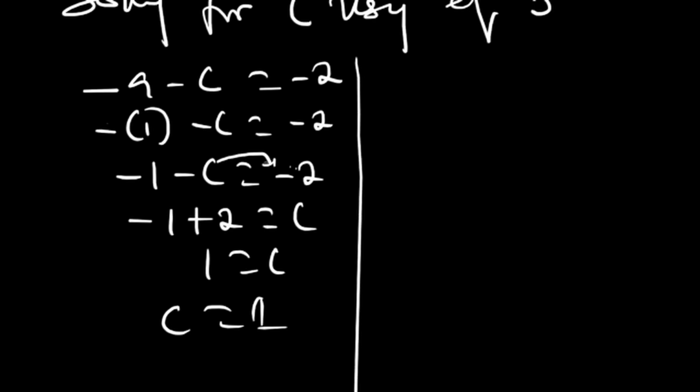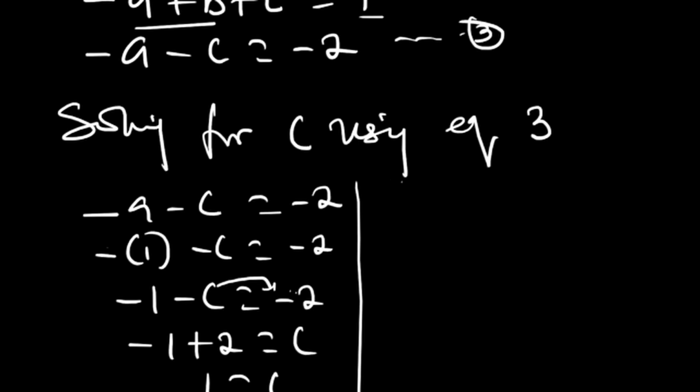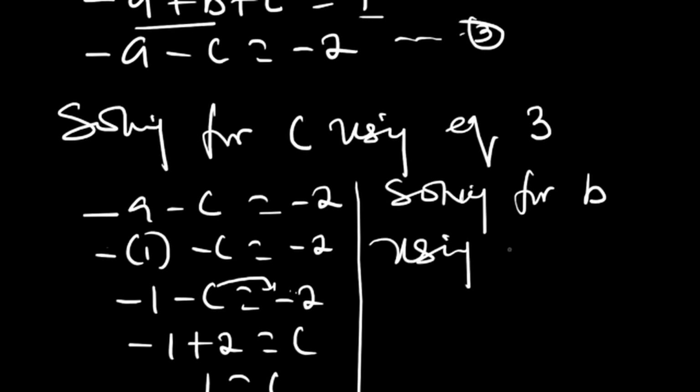Now, since we found the value of C, we can go ahead to look for the value of B using equation 2. Correct. So, solving for B using equation 2.